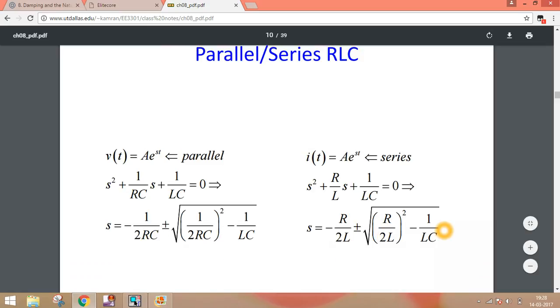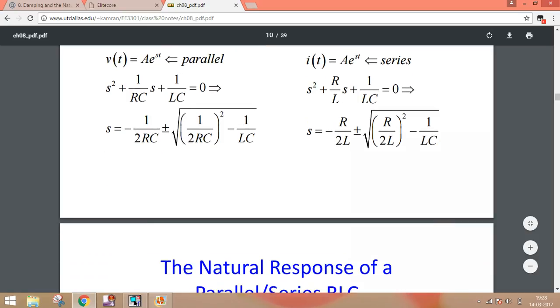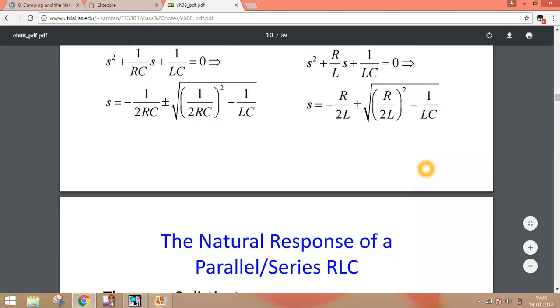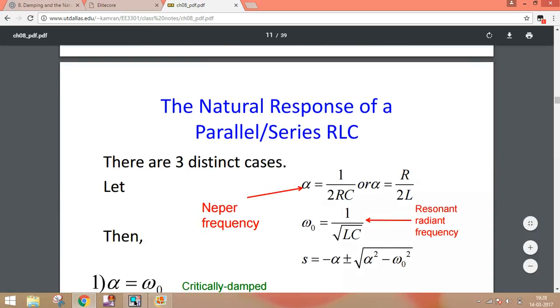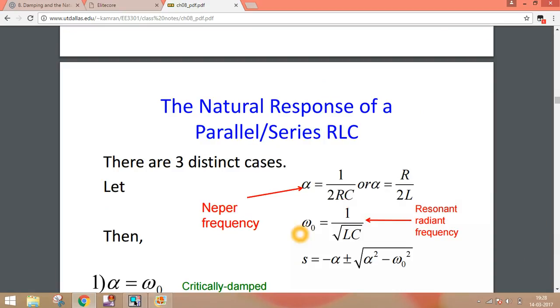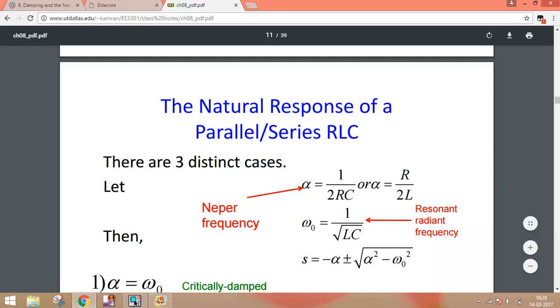We get a root, and R by 2L is called alpha. Here you can see we denote alpha for series, and 1 by 2RC for parallel. And omega naught is 1 by root over LC. Alpha is called the Neper frequency, and omega naught is called the resonant radian frequency.